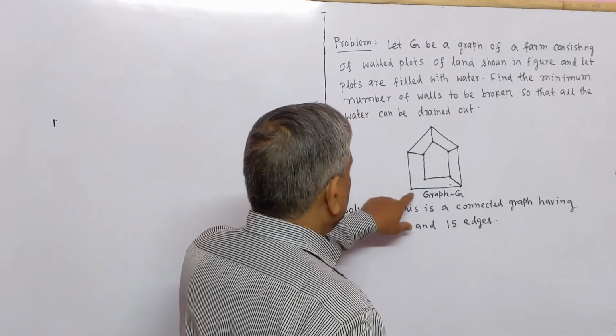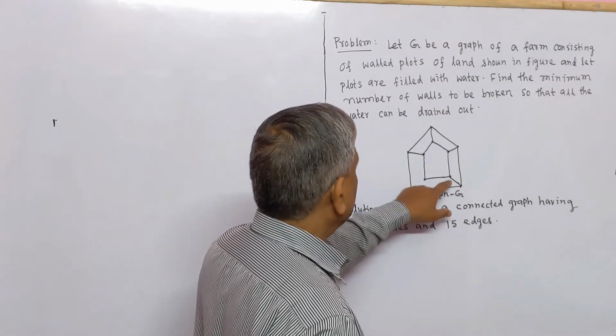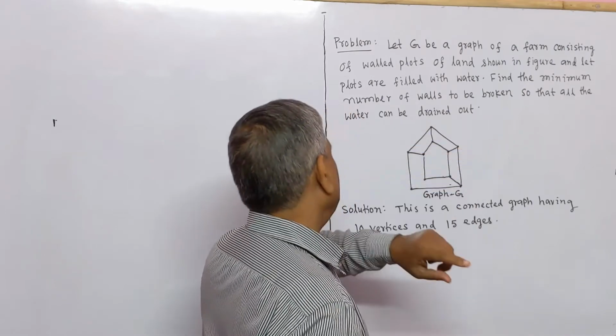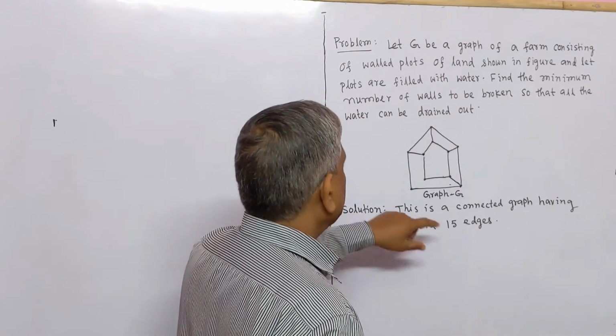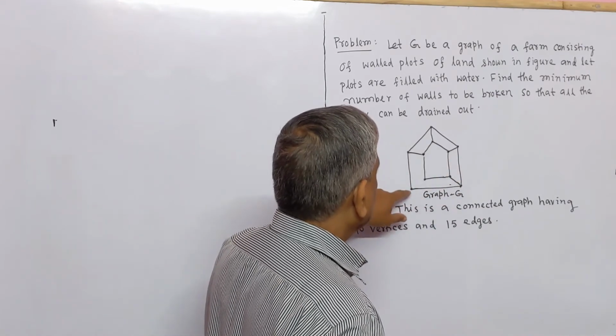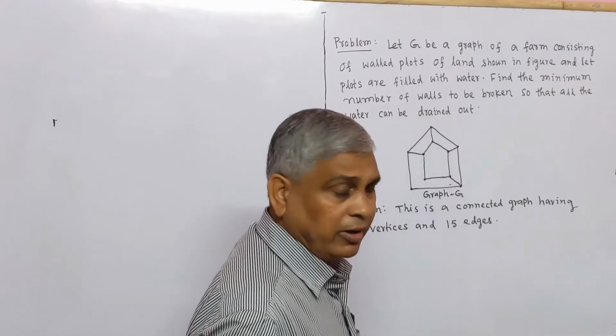Here this is a vertex, this is another vertex, 1, 2, 3, 4, 5, 6, 7, 8, 9, 10. And similarly we may count the number of edges. This is one edge, this is second edge, third edge, and so on.